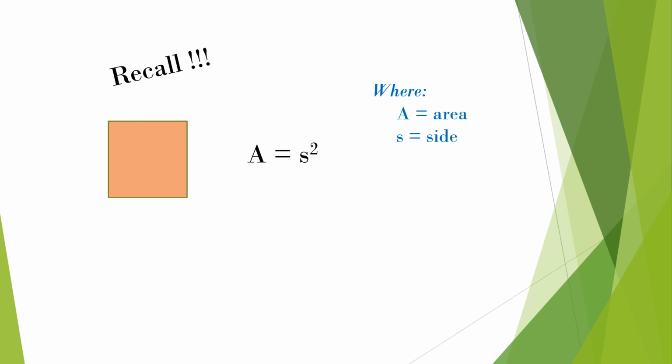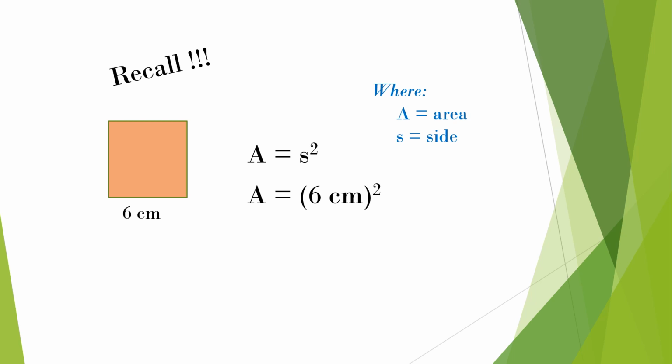Now, let's say an example. The side of the square is 6 centimeters. Of course, it is a square, so all of the sides measure 6 centimeters. Now, let us substitute S by 6 centimeters.